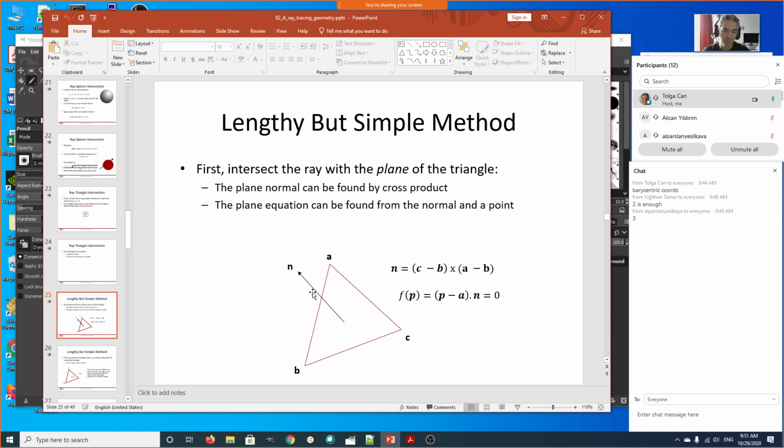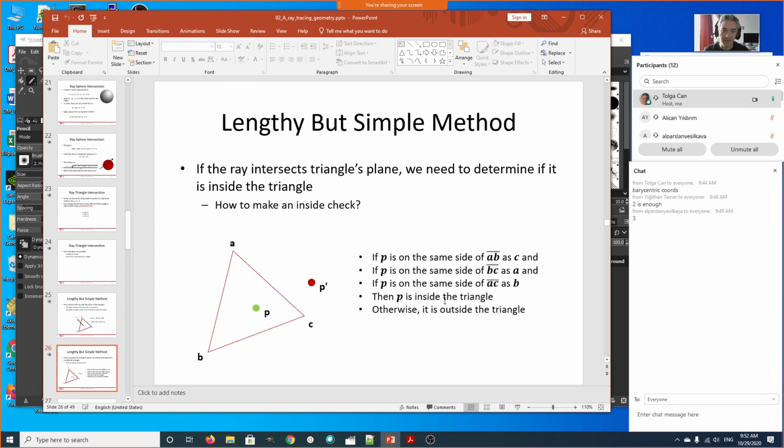After we have the normal vector of the plane, this gives us the plane equation: if you have any point on the plane and the normal vector, the vector to any point and the normal, their dot product should be 0. They should be orthogonal. If you open this up, it will be the familiar ax plus by plus cz plus d type of equation.